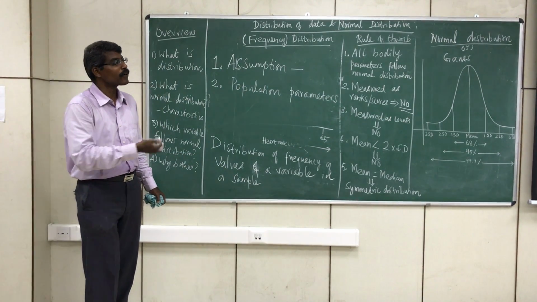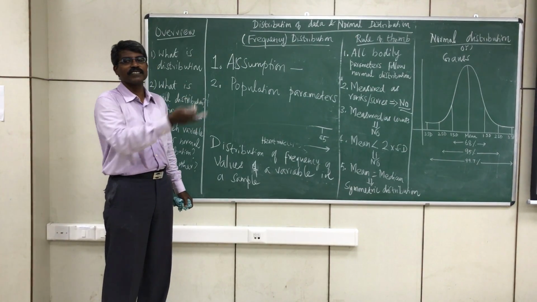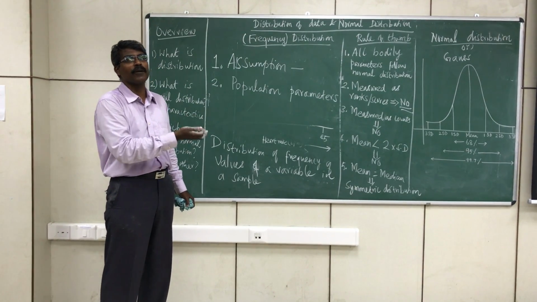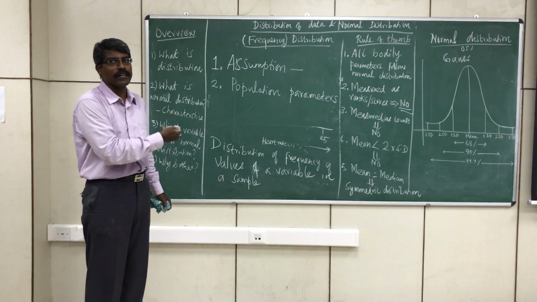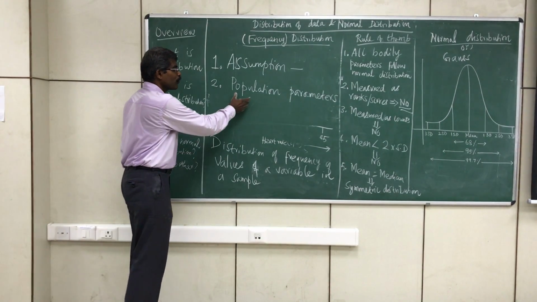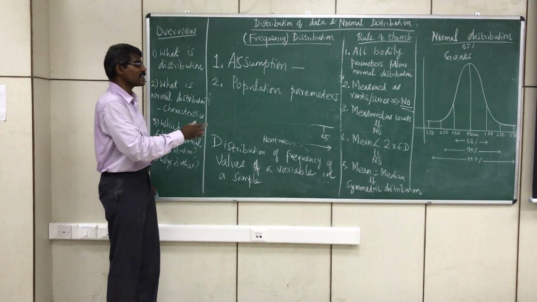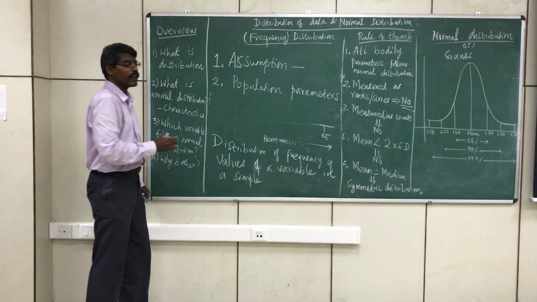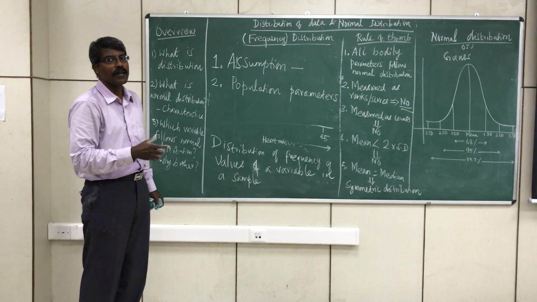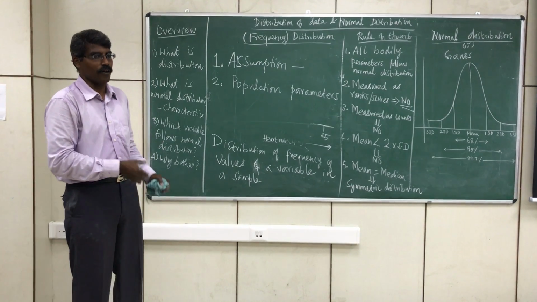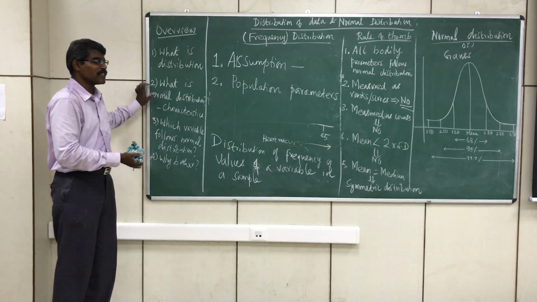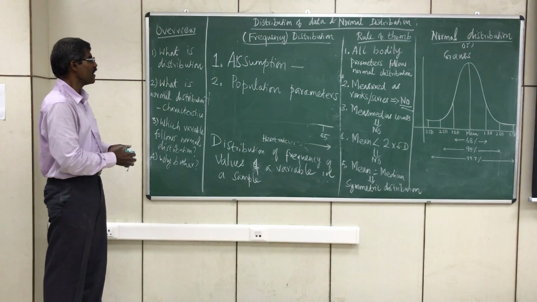Why can it be done? Because these are probability sampling. So we can find out the probability of the sample value from the population value, from what we observe in a sample. So this is another important implication of why we should know whether a variable follows normal distribution or not.